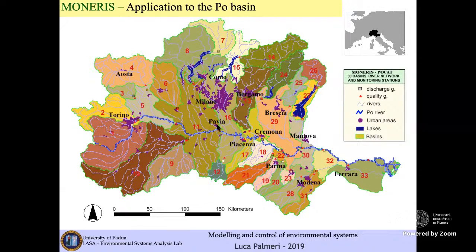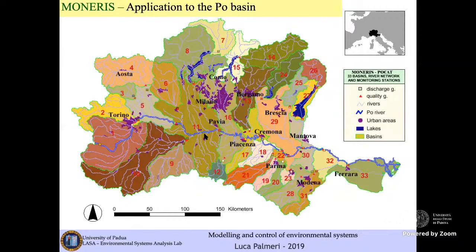surface contributing to what is passing in this gauging station in Pavia is made not only by the surface in these subbasins, but also from the surface of all the other subbasins that are contributing through different pathways to what passes in Pavia.